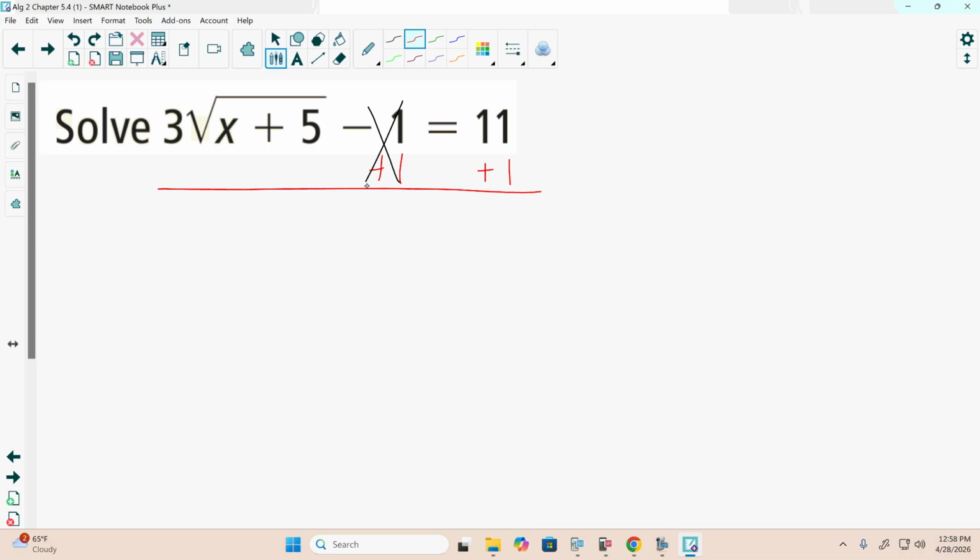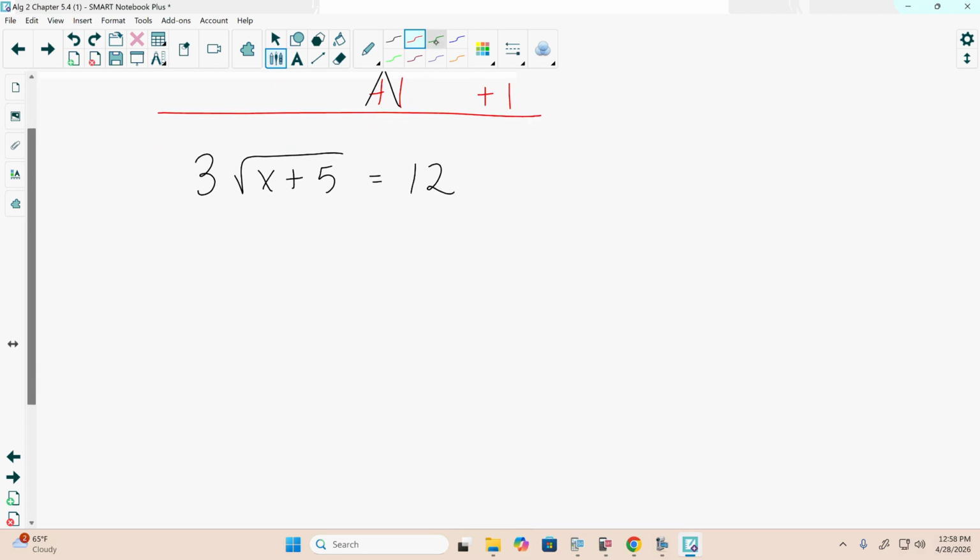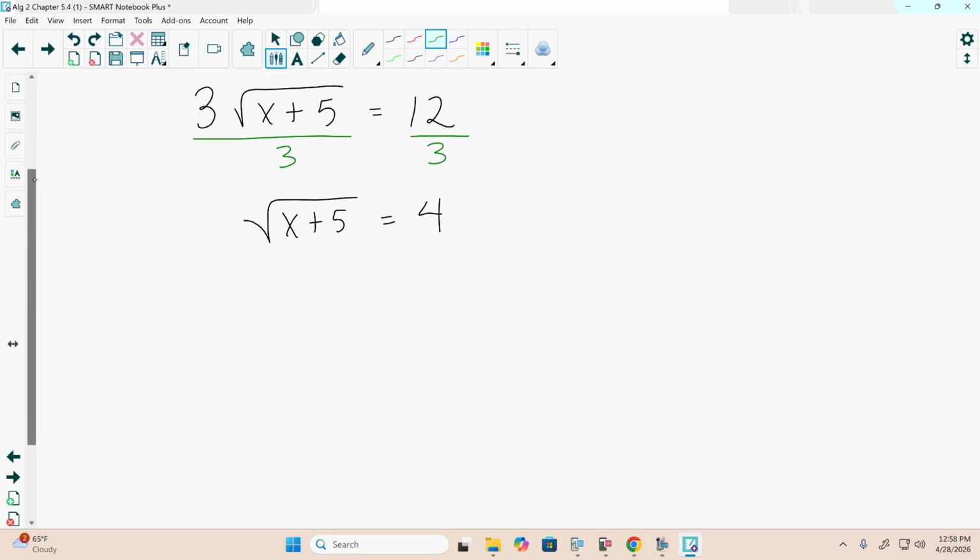Here, we need to just get this radical by itself. Divide by 3. Tell me the square root of x plus 5 is equal to 4.